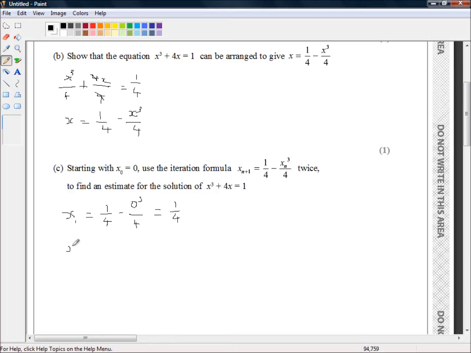So now x2, given that x1 is equal to 1 over 4, x2 is equal to, so we've still got this 1 over 4, which doesn't change, minus, this time xn is going to be 1 over 4, so this is 1 over 4, which has to be cubed, over 4, which is equal to 1 over 4 minus, now 1 over 4 cubed is the same as 1 cubed over 4 cubed, which is 1 over 64.